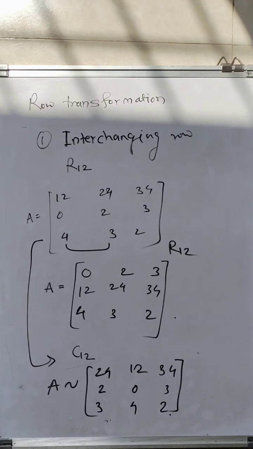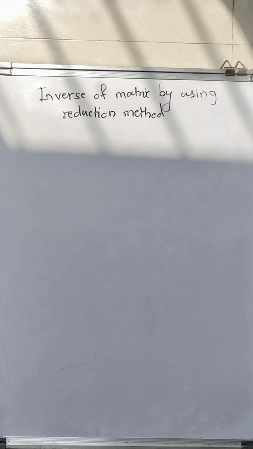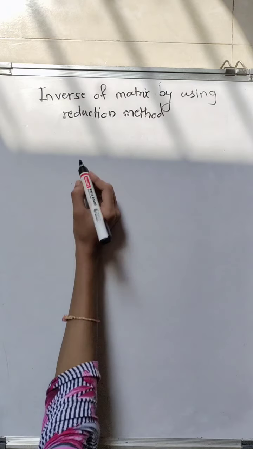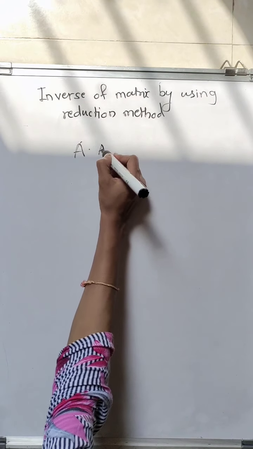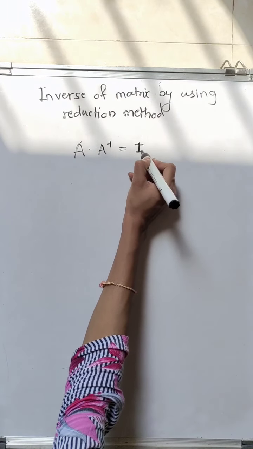Now we are going to study the inverse of a matrix by using row transformation and column transformation. Let's find the inverse of a matrix by using the reduction method. Reduction method means using row transformation or column transformation. We know that A into A inverse is equal to identity.